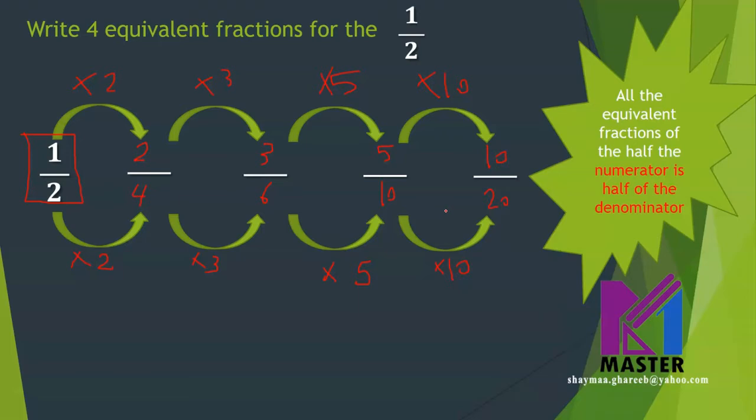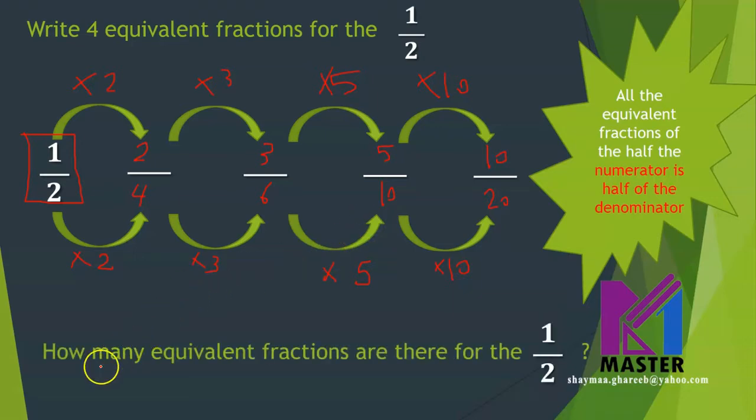Is it half of the denominator or not? If the numerator is half the denominator, or the number up is half the number down, then this fraction will be equal to the half. Okay? Let's go to next.